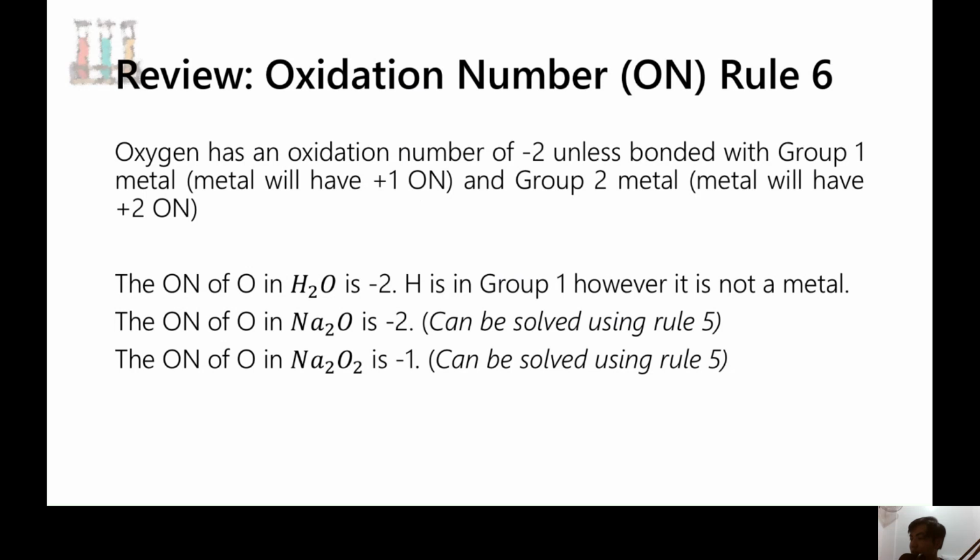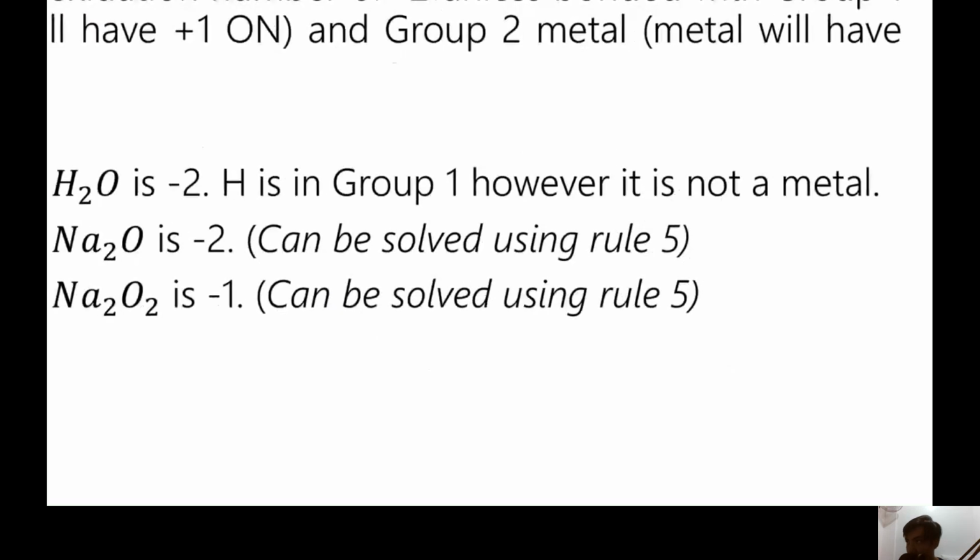Anyway, let's have the next example. The oxidation number of oxygen in sodium oxide, Na2O, is -2. How so? We can solve that using rule number 5. What is the charge of the molecule? 0, since nothing is indicated at the upper right.